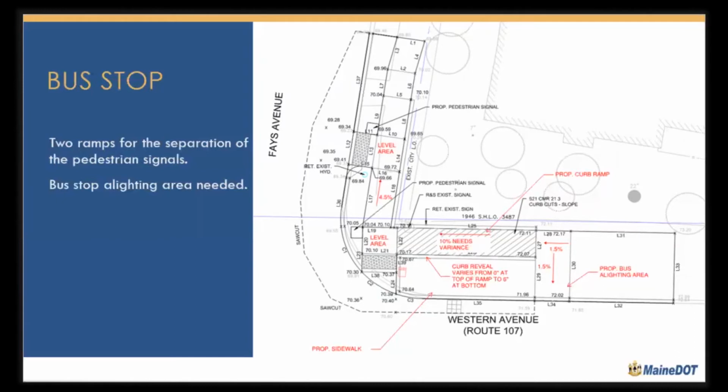There was a 10% ramp here needed with a curb to go down to this level area, and then there's actually a 4.5% down to this other level area, and one pedestrian signal over here, another pedestrian signal with the button over there. And you can see the right-of-way line is quite close to work within that, and quite a bit of work also needed in the roadway.